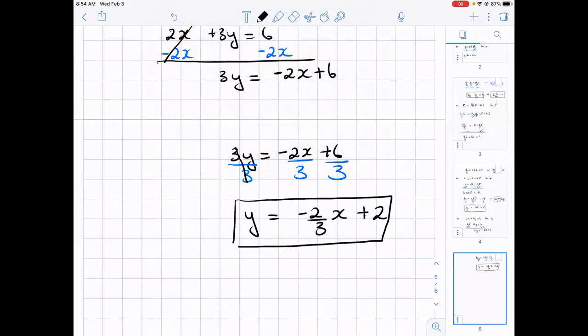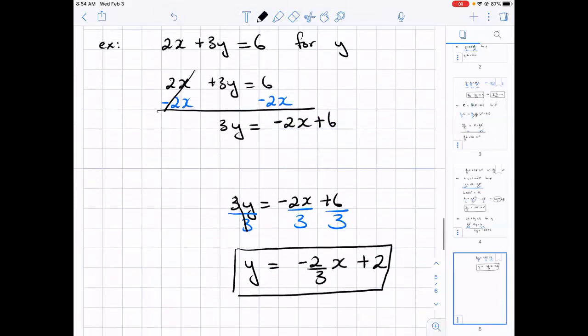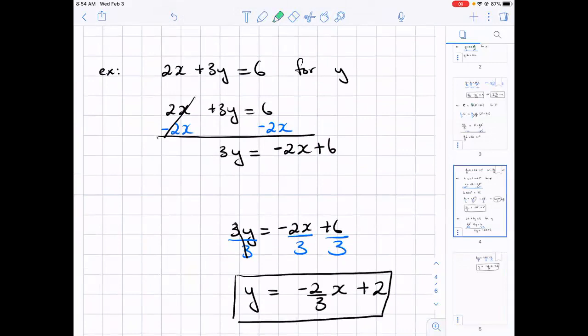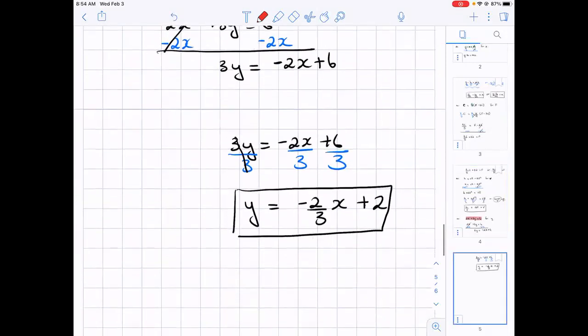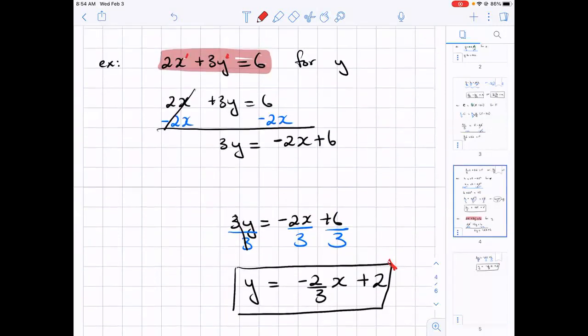Now you will see a lot of these because when you're given an equation with two variables, and this is a linear equation, because we said that when the exponents are 1 for all the variables, it's linear, right? Or it could be put in the form y equal mx plus b as we did here. So you can tell the slope and you can tell the y-intercept. But we will talk more about this when we get to linear equations and graphing linear equations, which is the next chapter.